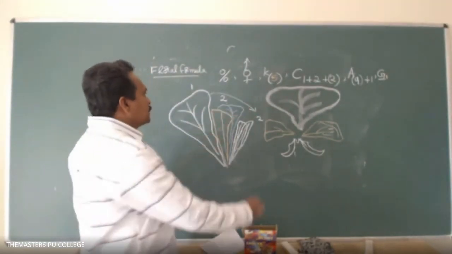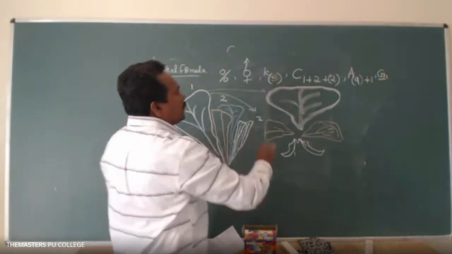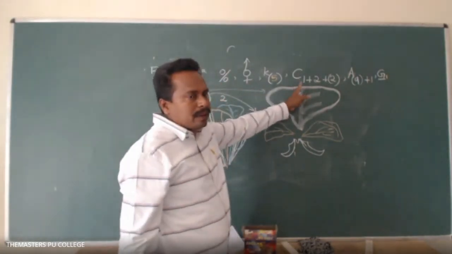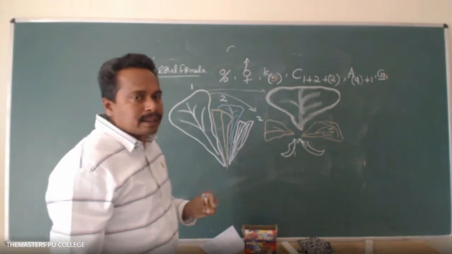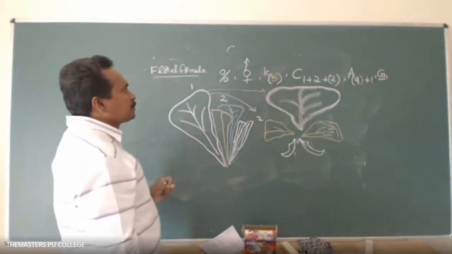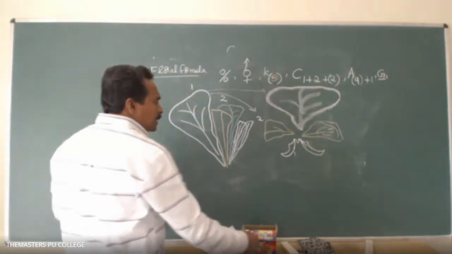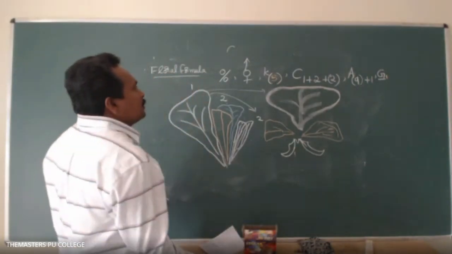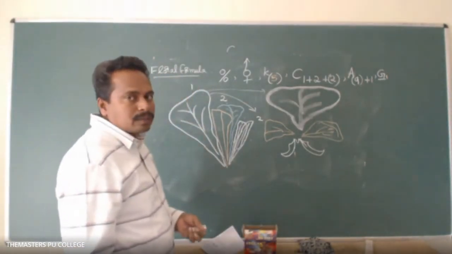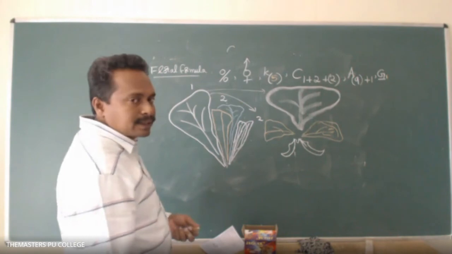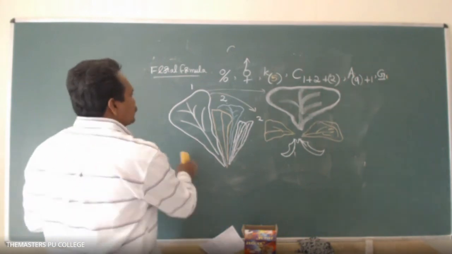Okay, you have to write like this one. There are no changes. Is it clear? Yes, sir. Thank you, sir. You're welcome. Next, the floral diagram. Now I have to draw the diagram. Later we will discuss the remaining characters.